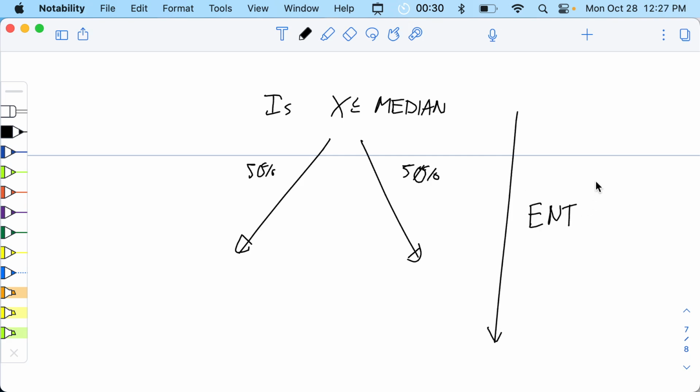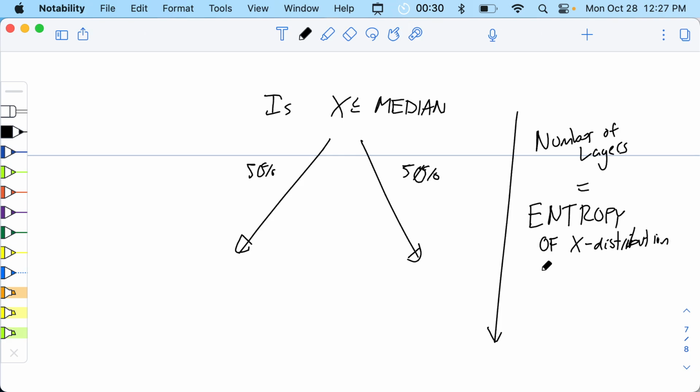The number of layers is equal to the entropy of the x distribution. So if you do this optimally, you get the entropy, and it's measured in bits.